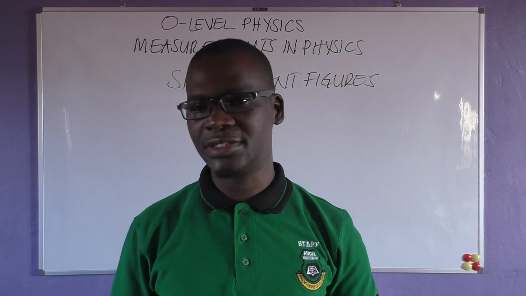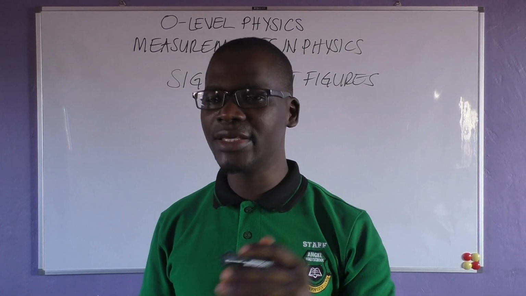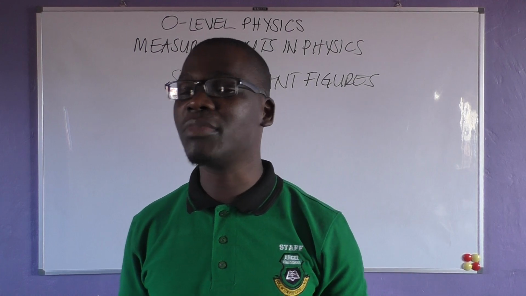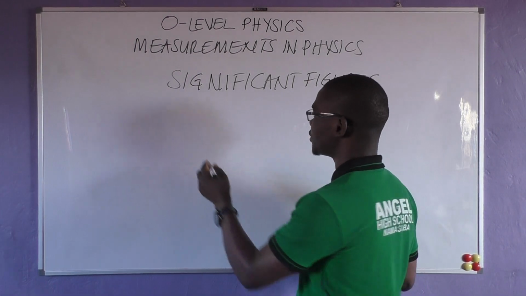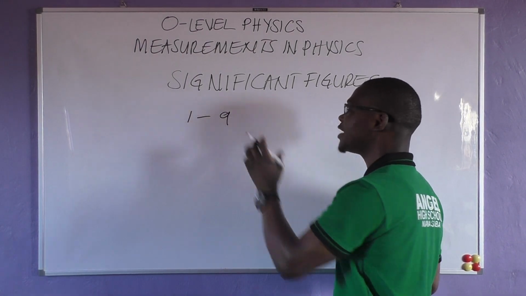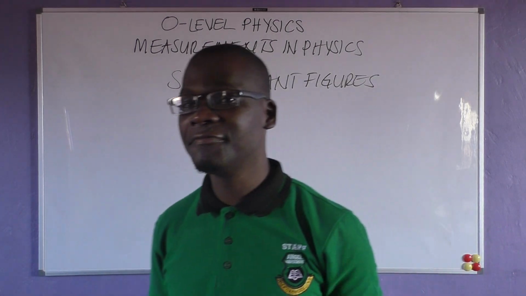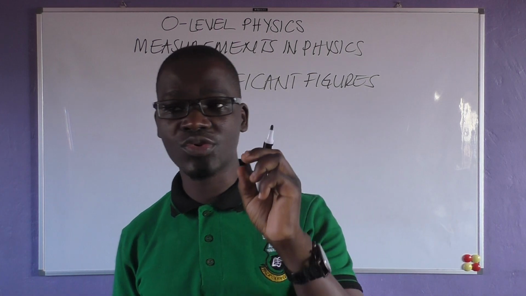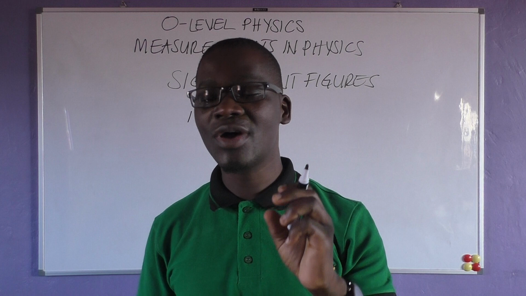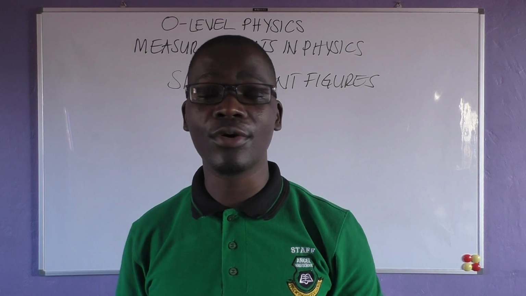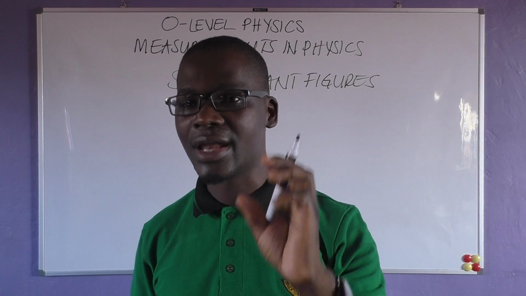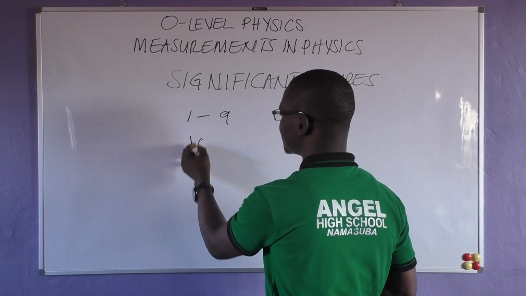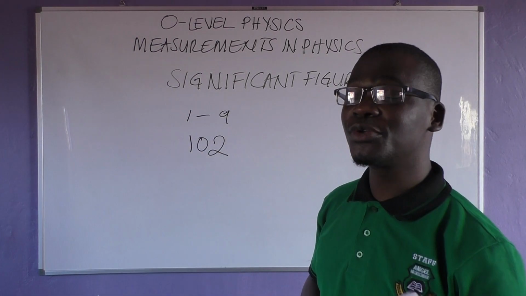The first rule says that all non-zero digits are significant. When we say non-zero digits, we mean from 1 to 9. So from 1 to 9 are all significant figures. Then we have what we call the trapped zeros. Trapped zeros are significant because they are between the non-zero digits. For instance, we have 102.